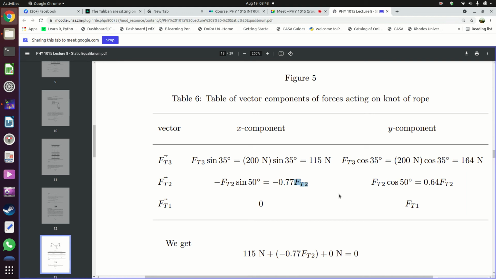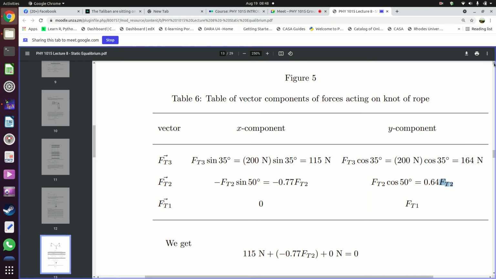Yes, sir. Then you move this side, you're going to have FT2 sine 140 degrees. Sine 140 you're going to find is going to give you 0.64 FT2. Are we clear? Yes, sir.